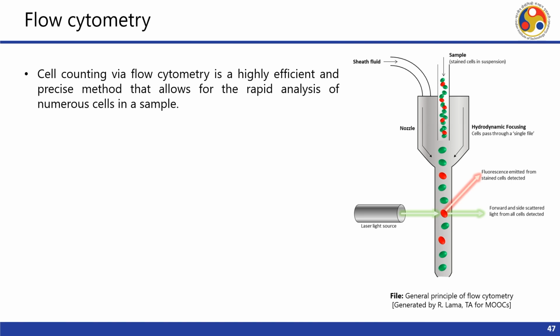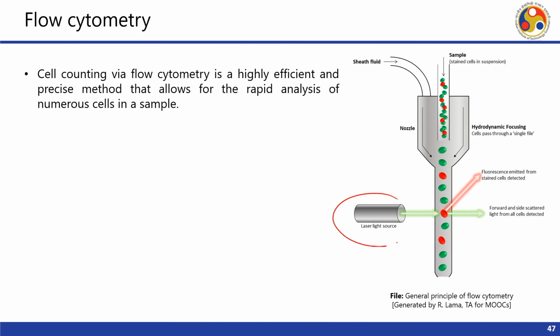Here cell counting via flow cytometry is a highly efficient and precise method that allows for the rapid analysis of numerous cells in a sample. So, you have a sample which is stained, and these are in a suspension, and then these are introduced into the flow cytometer. So, there is hydrodynamic focusing as cells pass through as a single file.